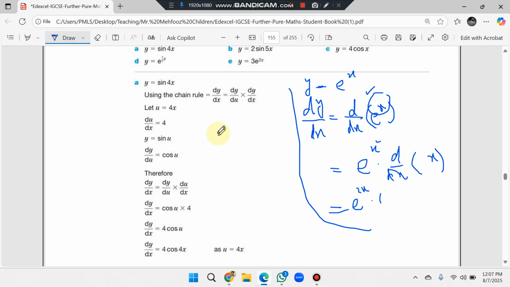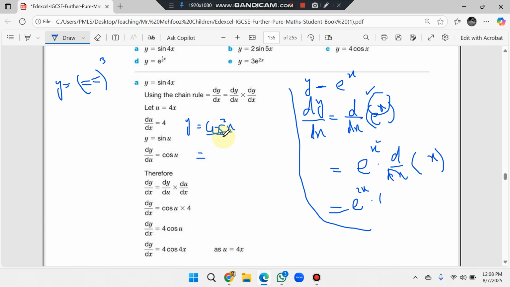Okay, again, if you have cos cube x according to the previous example, here we have y equals something raised to the power 3, so something is basically used as the variable, which means the variable is cos x.